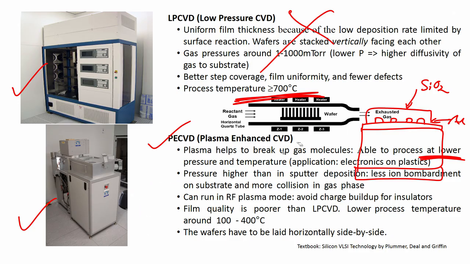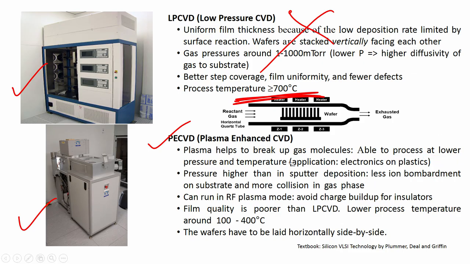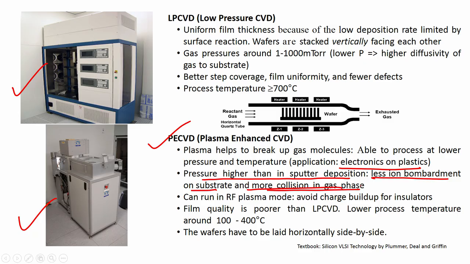Anyway, the point is that PECVD comes to the rescue when you want to have electronics on plastics, right. Pressure is higher than in sputter deposition, with less ion bombardment on the substrate and more collision in the gas phase, alright. It can run in RF plasma mode, which avoids charge buildup for insulators, that is the advantage.